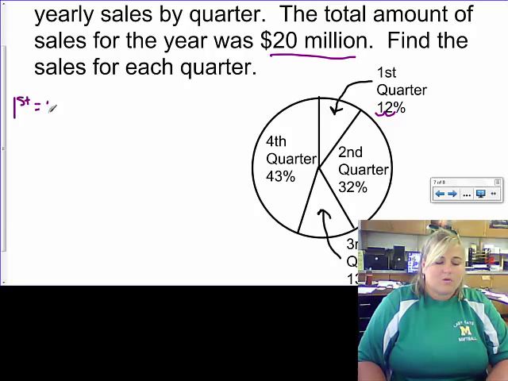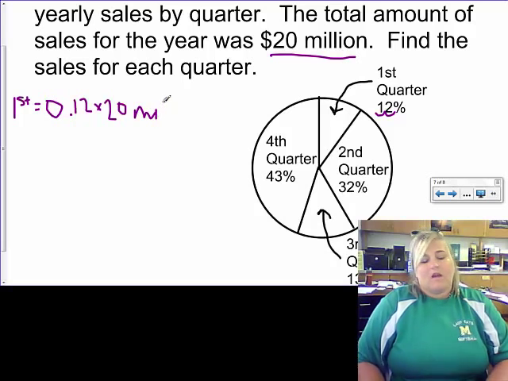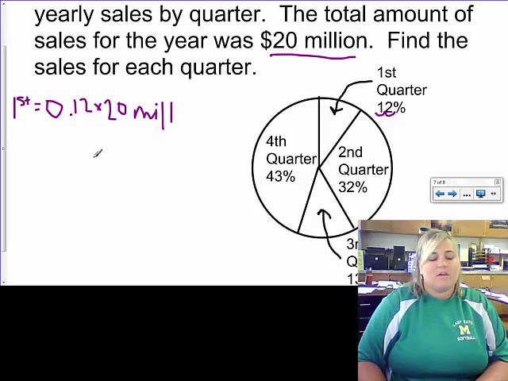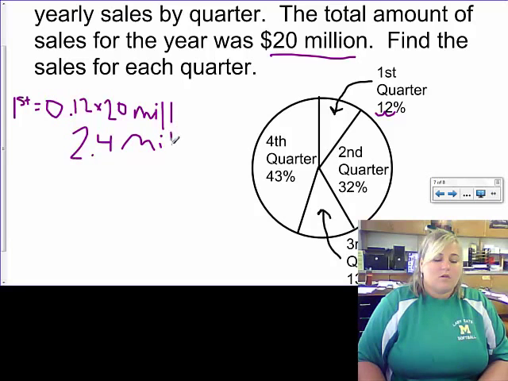So I have 0.12 times that 20 million. And so in your calculator you can take 0.12 times 20 million, and that's going to get us 2.4 million. So in the first quarter of their sales, they sold 2.4 million.